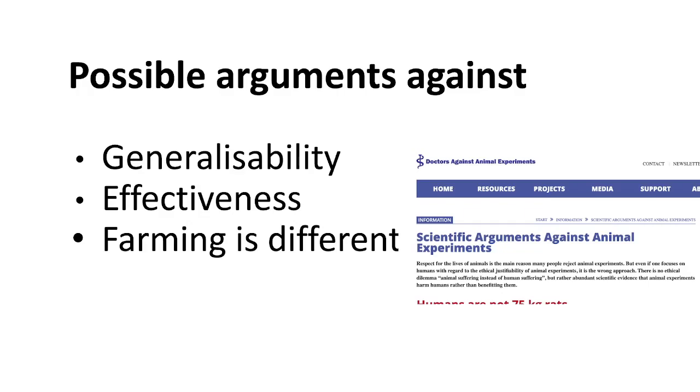Effectiveness. I just sort of introduced that counter argument before. We could say that the suffering reduced, based on what we've learned from experiments on animals, justifies the harm. But has it really been that effective? Look at the Western world. Depression and anxiety on the rise. Obesity on the rise, right? Cardiovascular disease, I think, is on the rise.